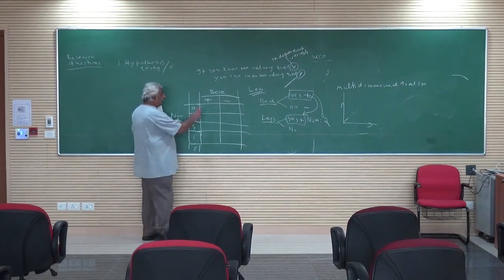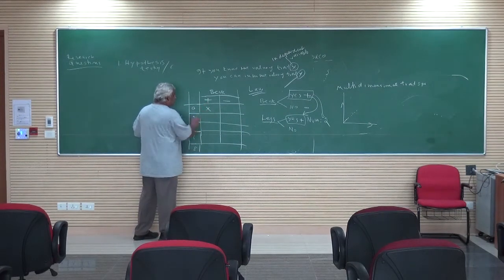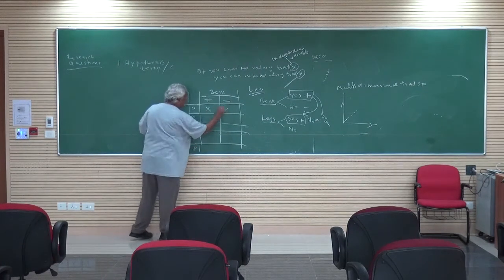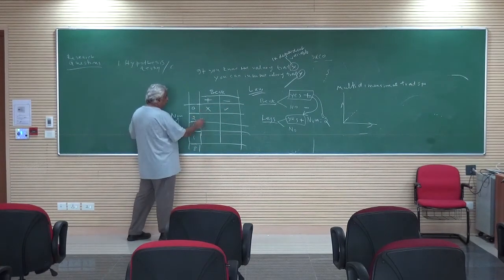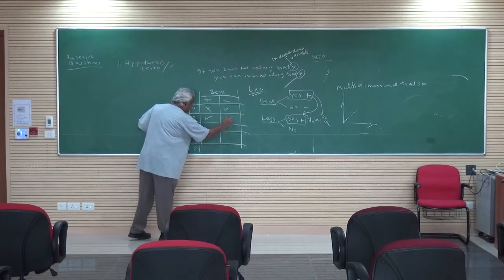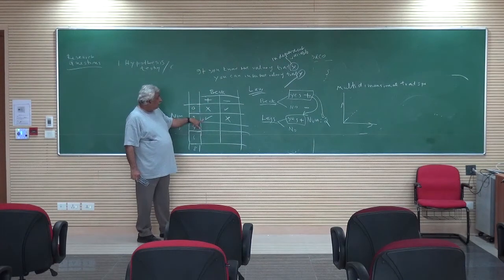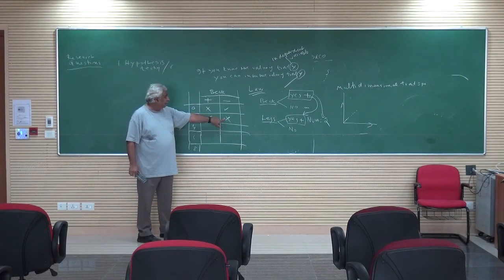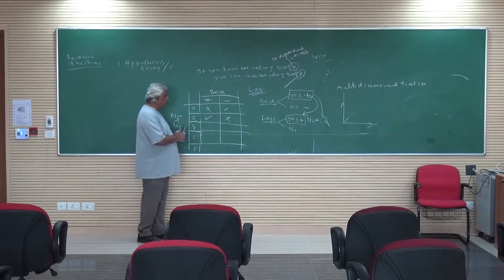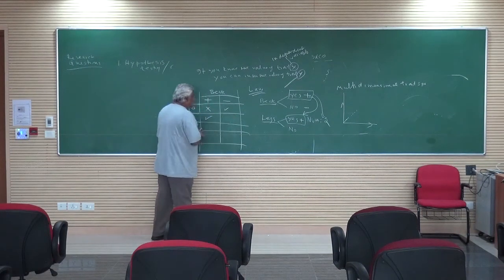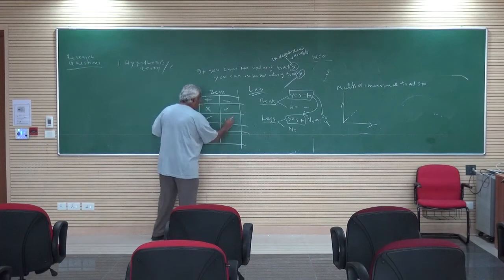We know that if beak is plus, this is not. But if beak is minus, yes. If beak is plus, yes, here, but not here. What that means is, if you have a beak, then you have 2 legs. It is not the case that you have, if the beak is minus, this is also possible. Humans don't have beak, and they have 2 legs.